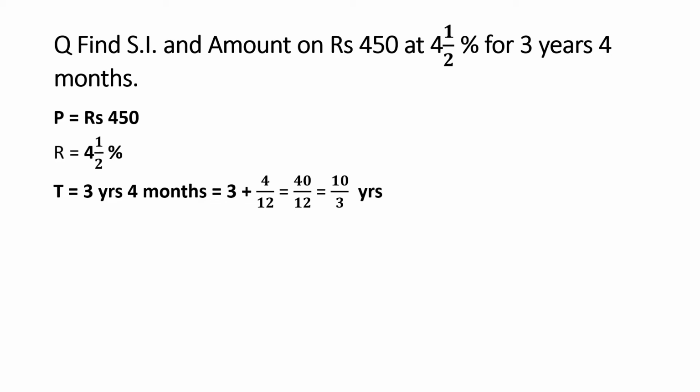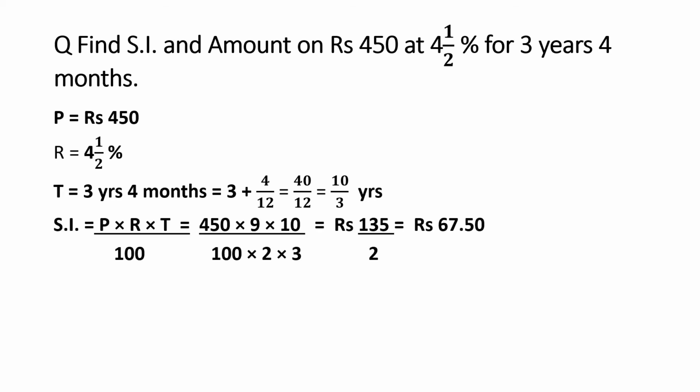Now this 3 years is already in years, and we told you in the previous slide that to convert months into years we divide by 12. So 3 years as it is, plus 4 by 12. If you take the LCM, it becomes 40 by 12, that is 10 by 3 years. So you have converted the time into years, that is 10 by 3 years. The rate of interest is 9/2%.